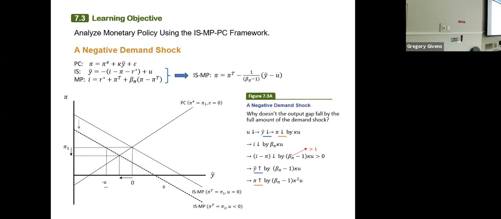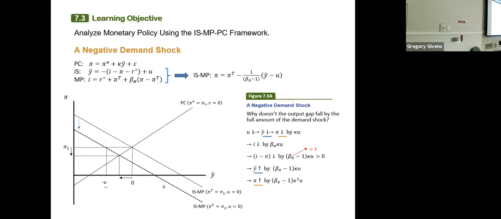The fundamental reason why is because baked into the analysis is the assumption that the central bank here is going to try to offset the negative demand shock by lowering the nominal interest rate. And it achieves that by actually accomplishing a reduction in the real interest rate.